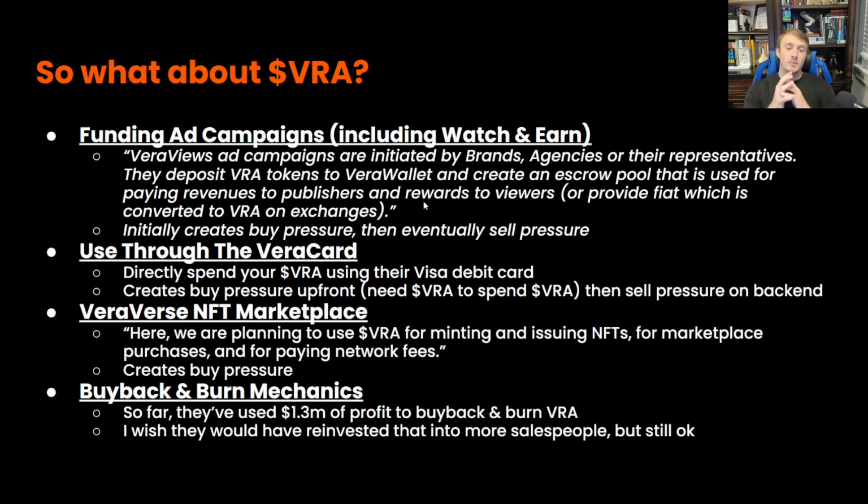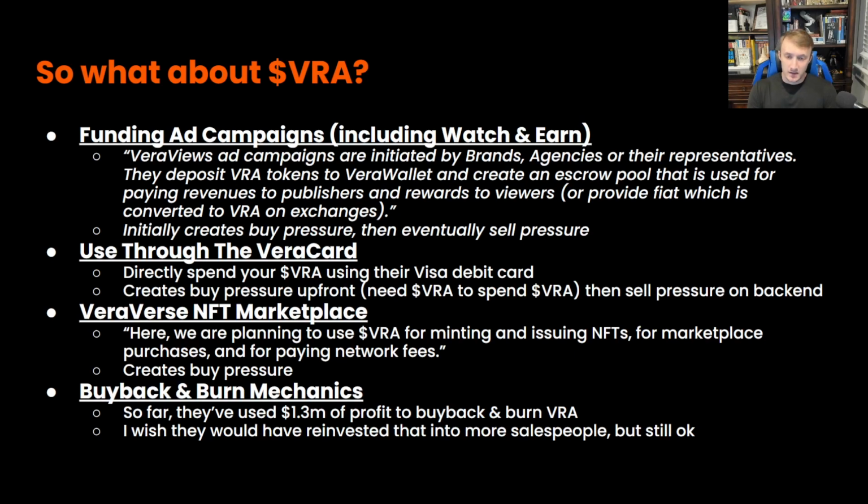So essentially, the people that are looking to buy ads, instead of going to Facebook and buying ads, you go to Verasity and buy ads, and you have to buy ads using VRA tokens, or use fiat, which is then converted to VRA. That creates initial buy pressure.